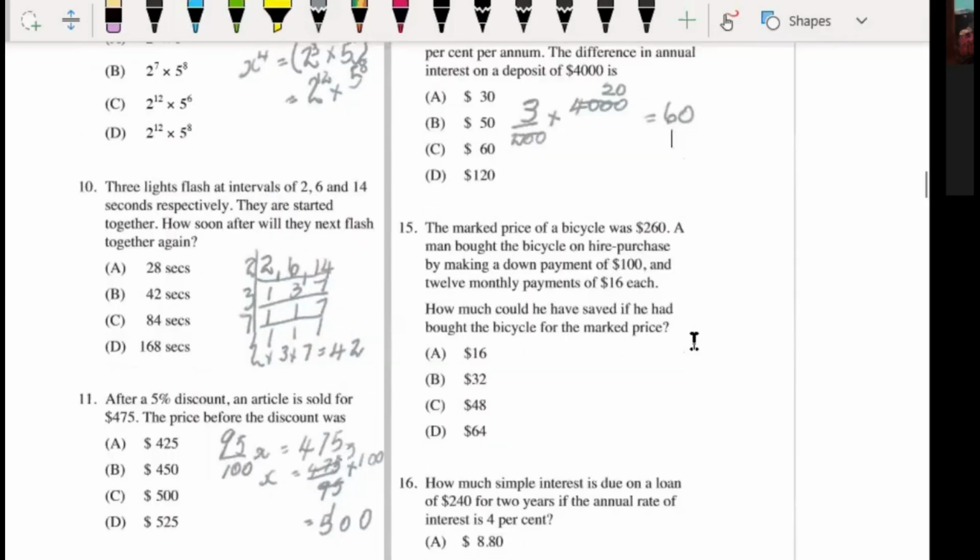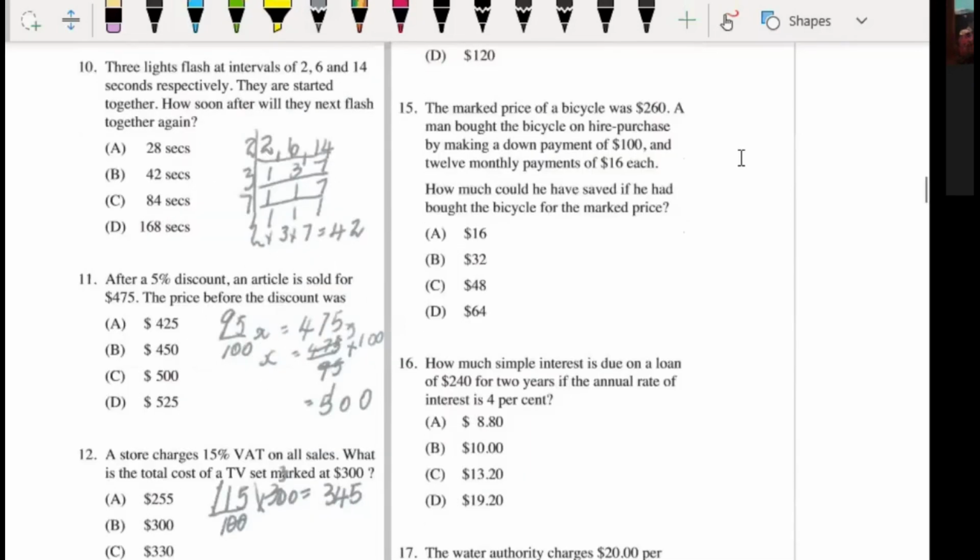Which is C. The market price of a bicycle was $260. A man bought the bicycle on a hire purchase by making a down payment of $100 and 12 monthly payments of $16 each. How much could he have saved if he had bought the bicycle for the market price? So in other words, you have to find out how much money the man paid for the bicycle.